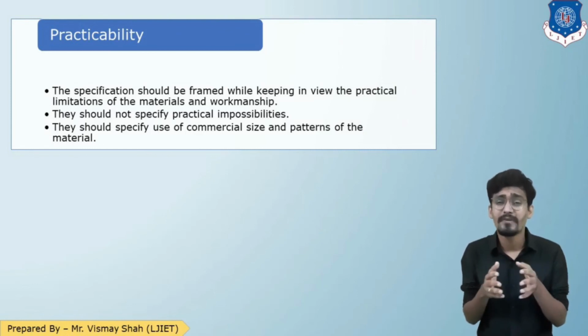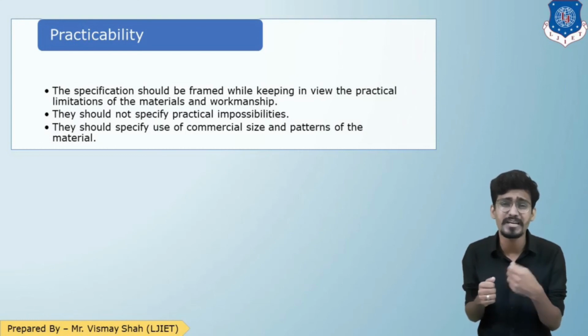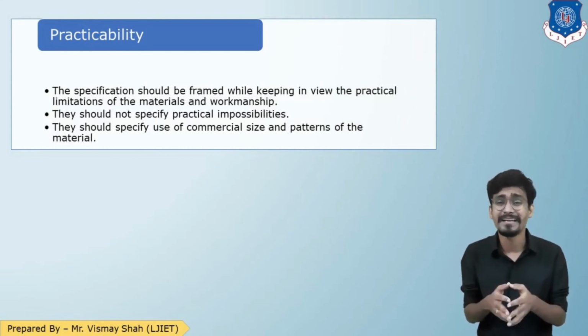Also, while writing the specification, keep in mind that you should only mention the commercial or standard sizes which are available in the market. If you ask for specialized sizes which are not available in the market and have to be specially created, that will lead to high cost. So that is about practicability.